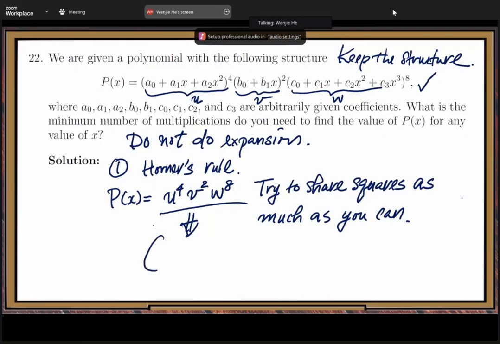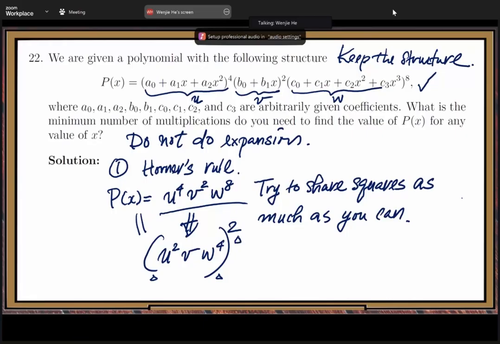Can we write p of x equals u squared times v times w to the fourth, all squared? Then these three variable terms, the u part, v part, w part, after we put them in a big pair of parentheses, share the same square, right? That's what I mean.